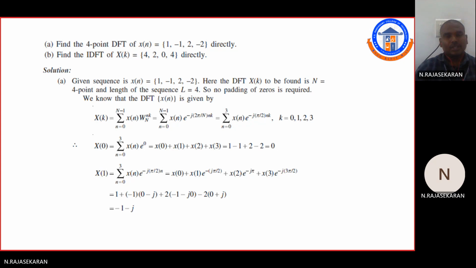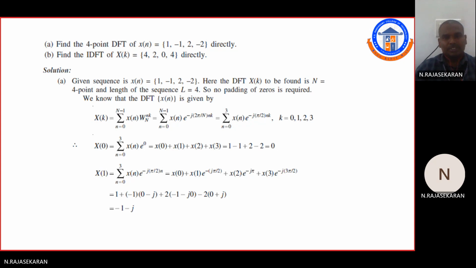We know that DFT of x of n is given by X of k equal to summation n equal to 0 to N minus 1, x of n W_N power nk. W_N power nk is nothing but e power minus j 2 pi by N into nk. So substitute directly. Capital N is 4, so N minus 1 is 3, and n varies from 0 to 3.